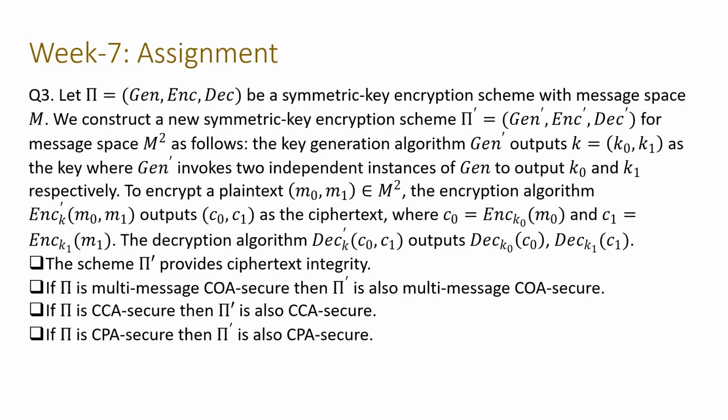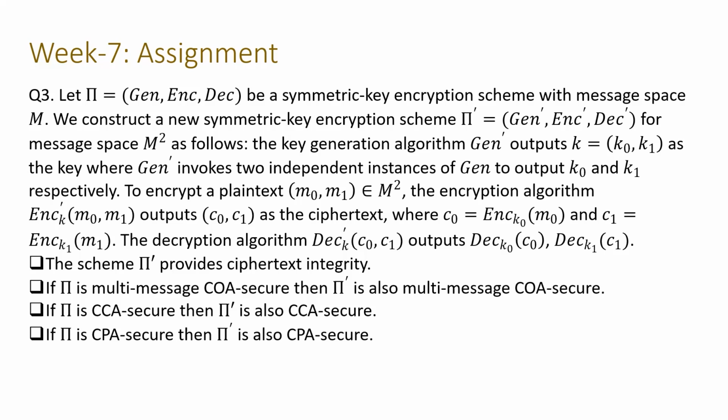So basically, if pi is multi-message COA secure, PIDAS will also be multi-message COA secure, because the adversary cannot effectively use any other information to get any extra information about the underlying plaintext.